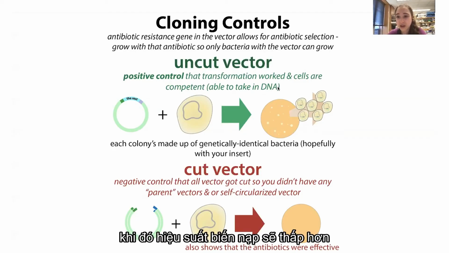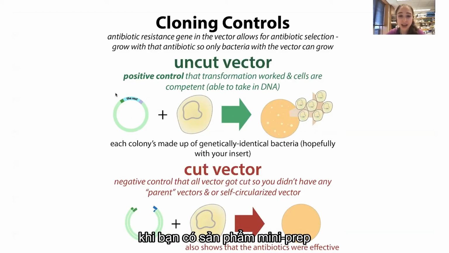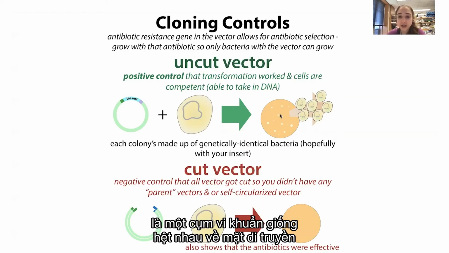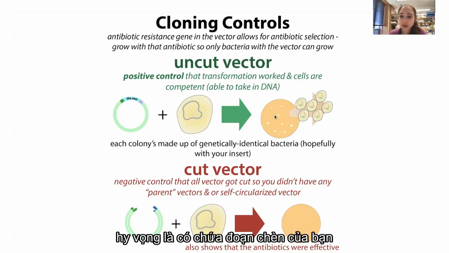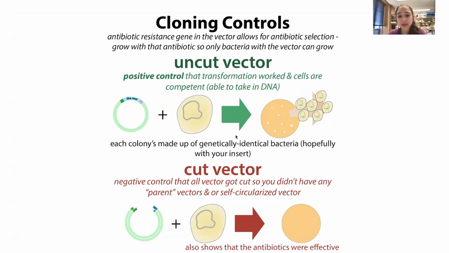Then you're going to have a lower transformation efficiency, so you're going to want to plate a lot less when you have a mini prepped product. But I'm not going to go into that here. Basically, each of these colonies is just a clump of genetically identical bacteria, hopefully with your insert. And this is just going to tell you that everything's working.